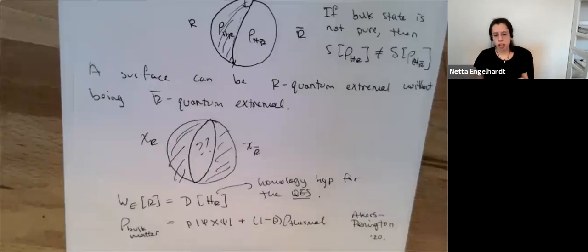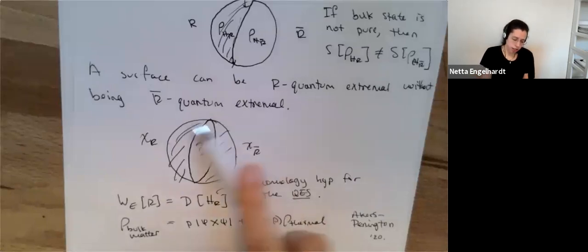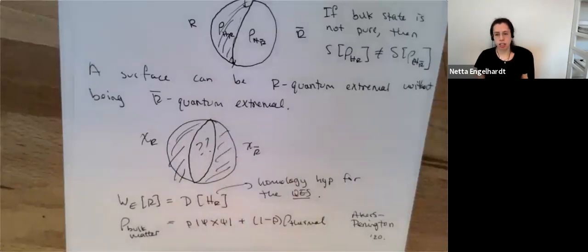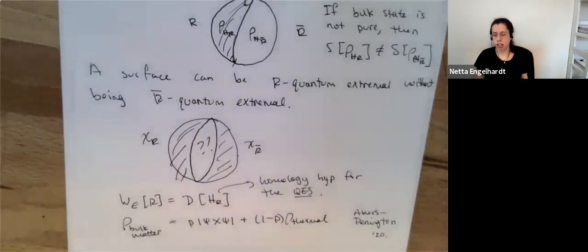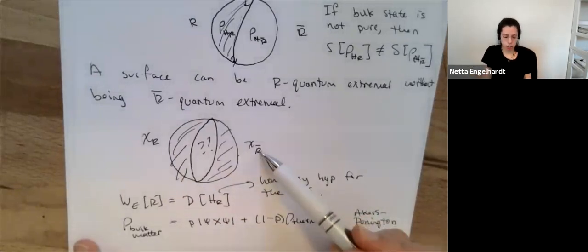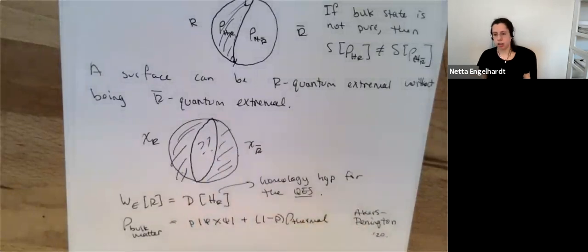Now, more generally, if you just prescribe and say, okay, I have a mixed state and this is all there is, then there is a level of uncertainty as far as what can possibly go in this in-between region here. You can think of it this way. If I only give you chi_R bar, and I don't give you chi_R, then I don't know what chi_R is.